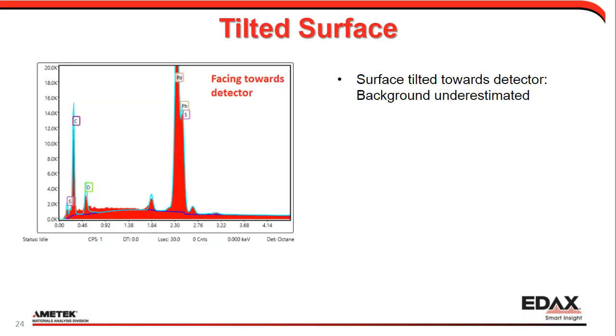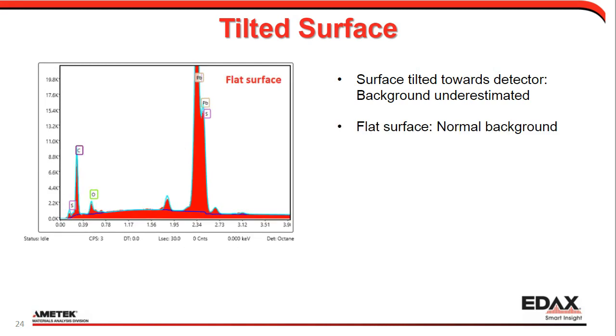Now we model those backgrounds. For the spot from the surface tilted towards the detector, we see the background is underestimated. For the flat surface, the background model fits the background pretty well.